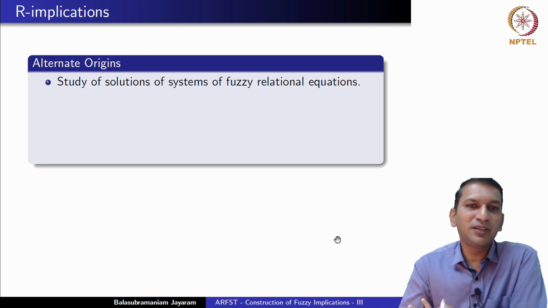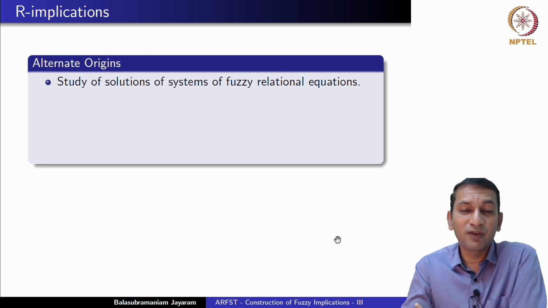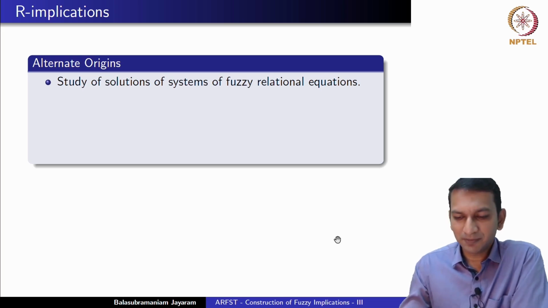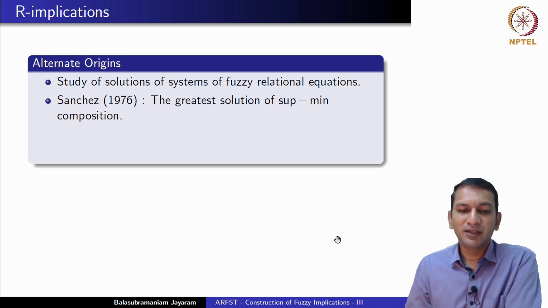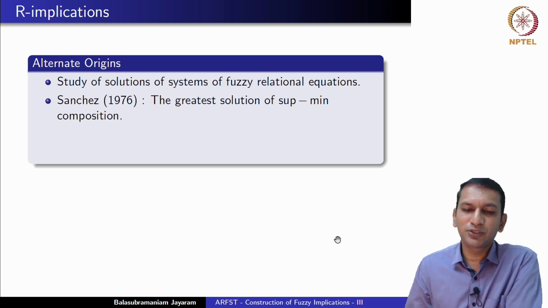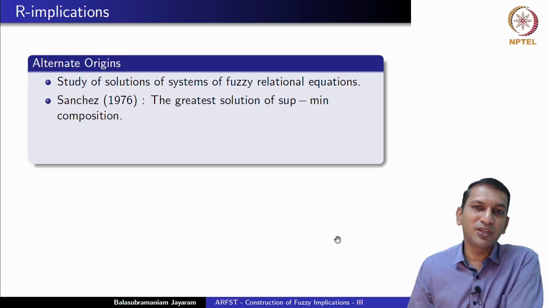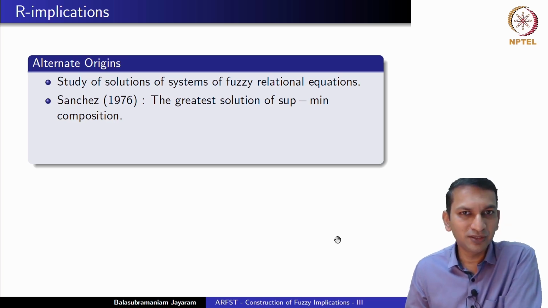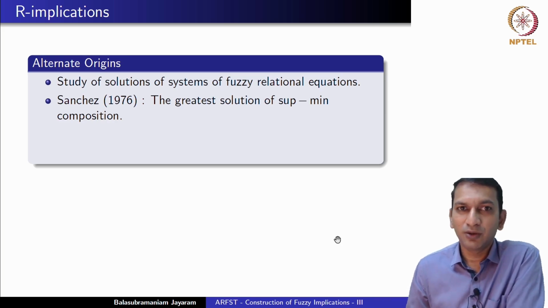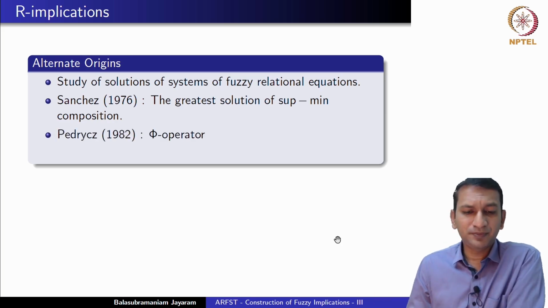It is sufficient to know that R implications have also had their origins in the study of such systems. In fact, Sanchez, way back in 1976, showed that it is essentially the greatest solution of the Sup-T composition. That is where an R implication will raise its hood.